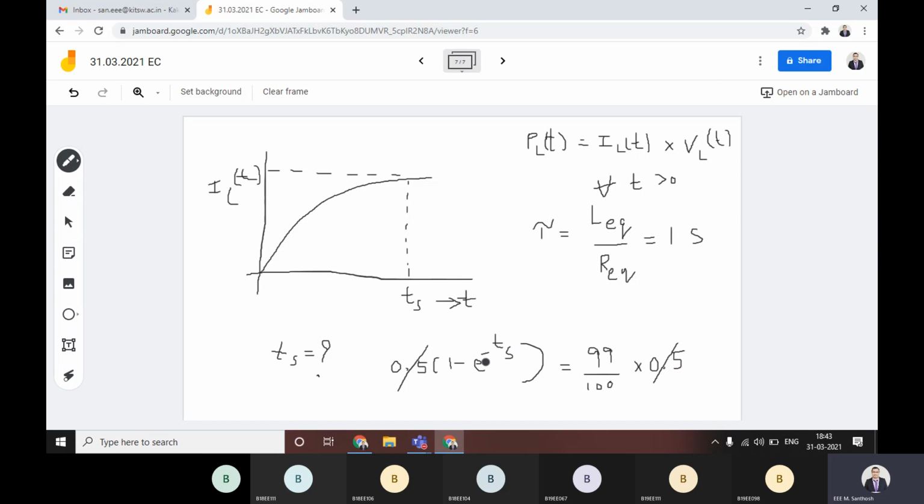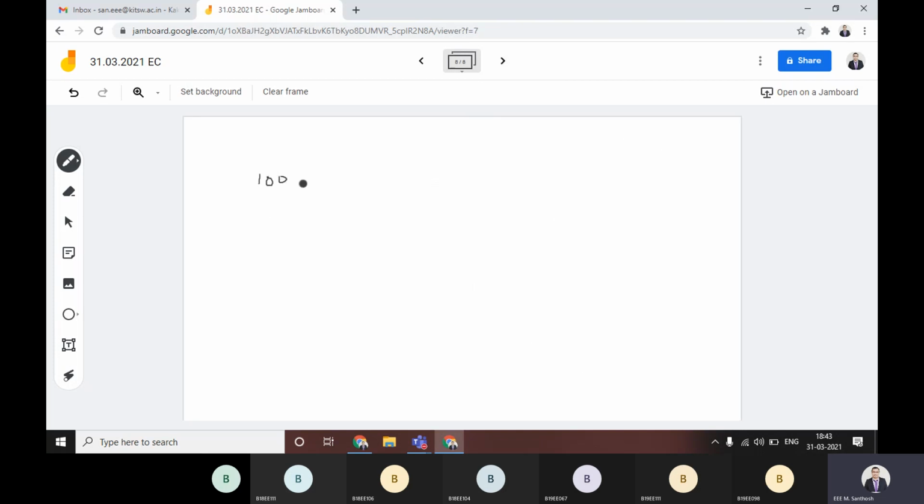Then if you solve this, directly you multiply 100 this side: 100 minus 100 into e power minus Ts equal to 99. You know 100 minus 99, that is 1.